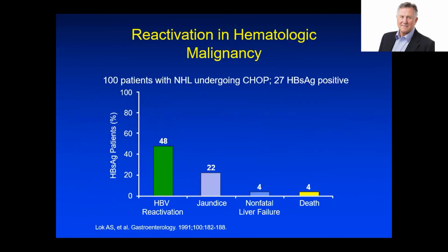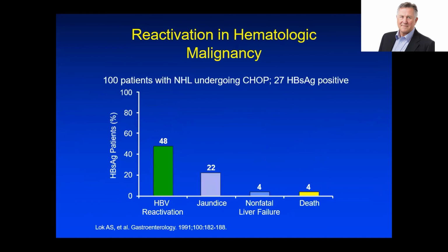Next slide, please. This was first shown in one early example that really illustrated the point. It was published way back in the early 90s, in 100 patients who had lymphoma and were given very high level chemotherapy called CHOP, which is used for non-Hodgkin's lymphoma.